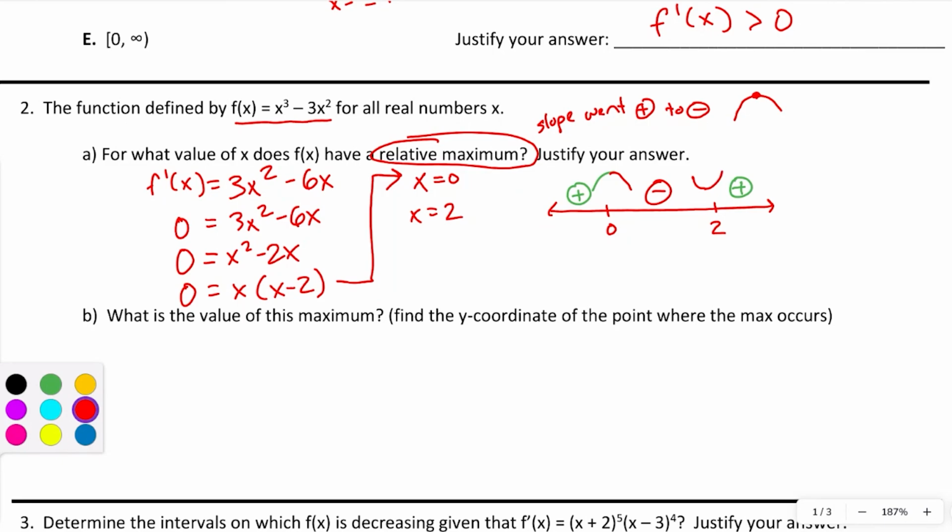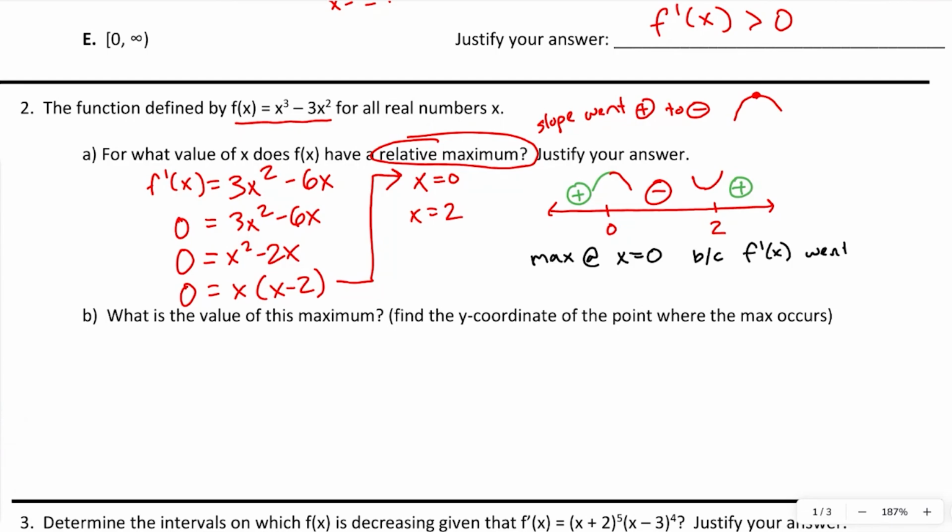So we have a local maximum at x equals 0. So we have a max at x equals 0. And we know that because the slope, f prime, went from being positive to negative.